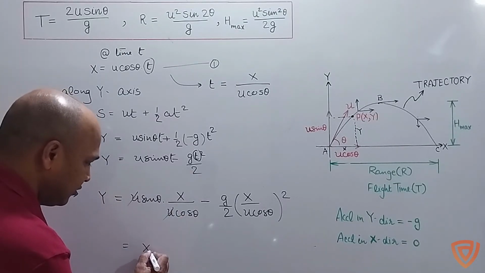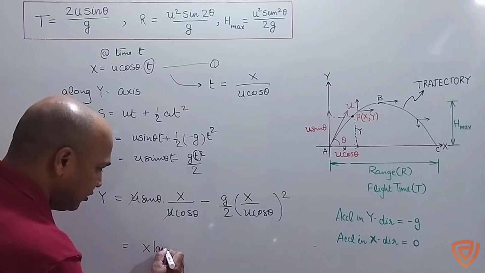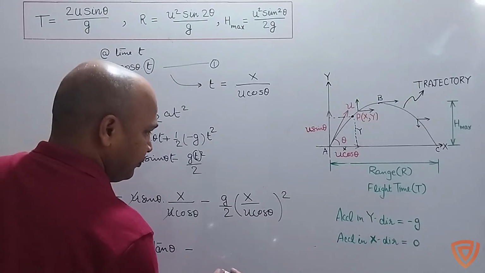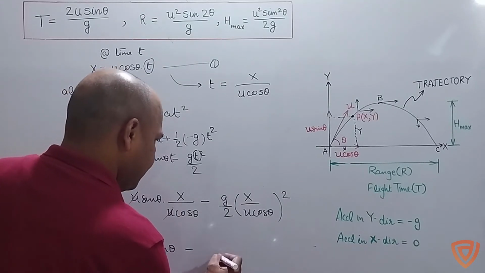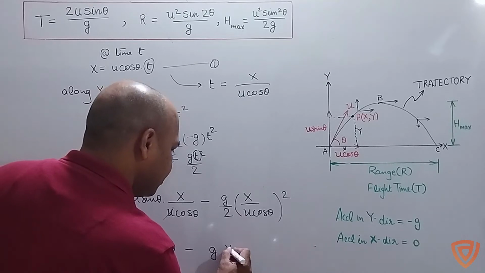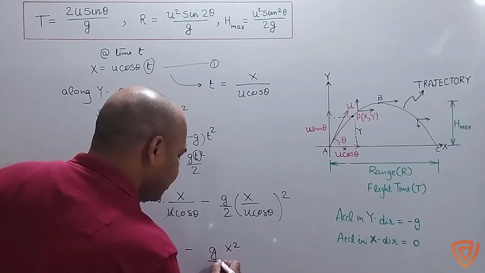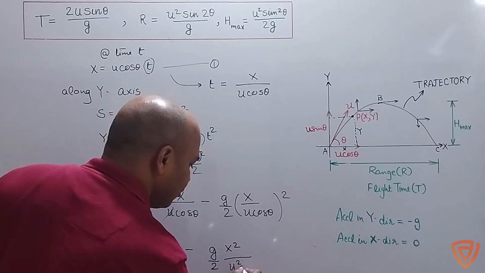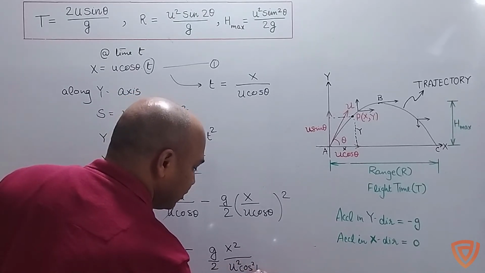So y is equal to x tan theta minus g x square by 2 u square cos square theta.